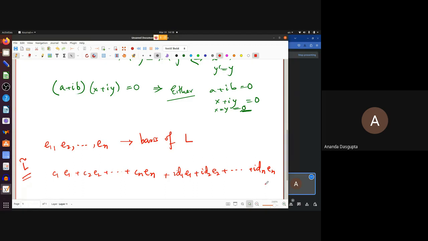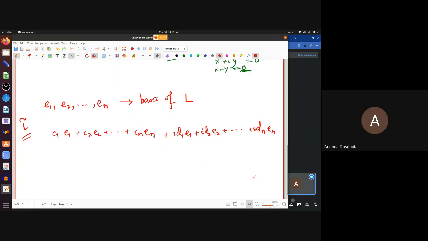Then what we can always do is take the basis to be these vectors, and then every element of L tilde is uniquely represented by a real combination of these vectors, right?